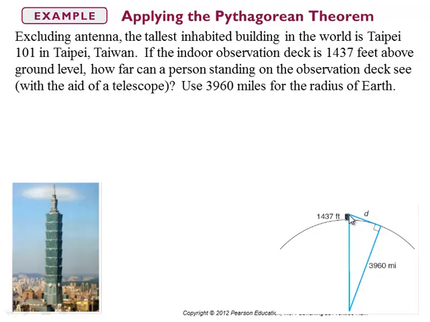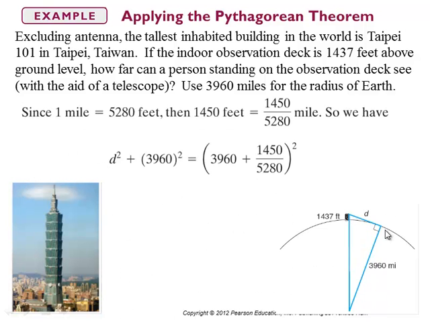And then what is the length of this right here? Well, it's the hypotenuse of this right triangle. Now, the length of this hypotenuse here is going to be the 3,960 miles plus the 1,437 feet.